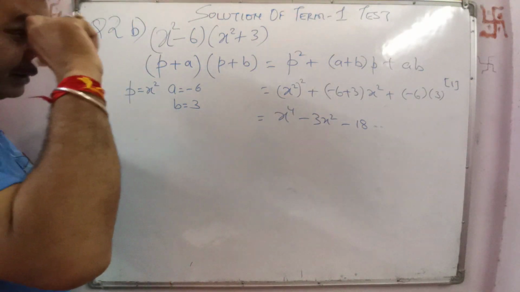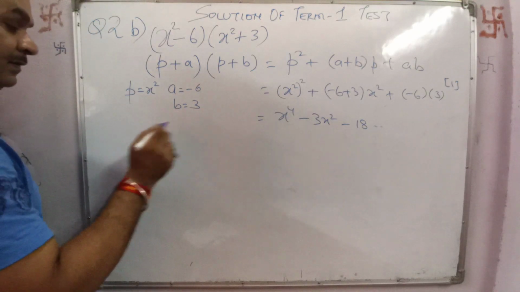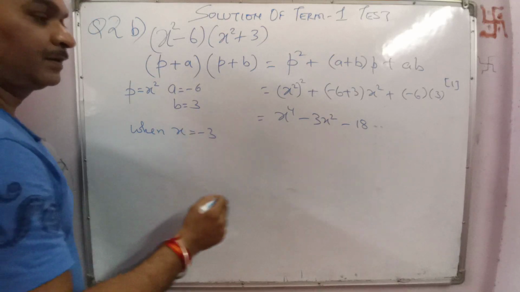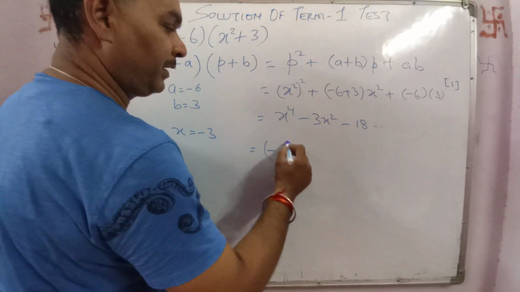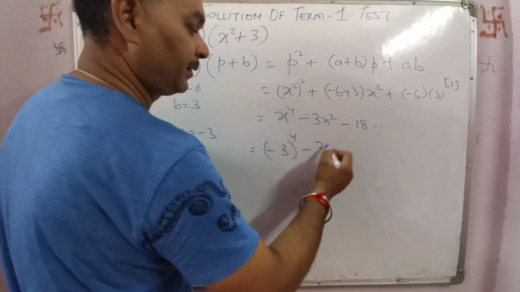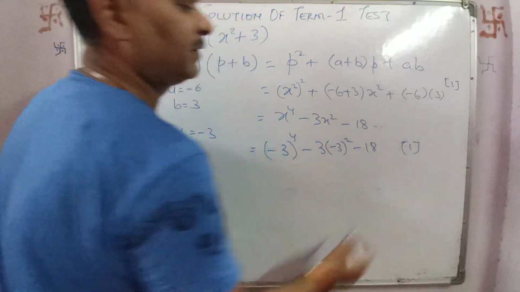Then we need to find out the value of this expression when x is equal to minus 3. So when you substitute minus 3 in place of x, (minus 3) to the power 4 minus 3 into (minus 3) square minus 18, 1 mark for this substitution.